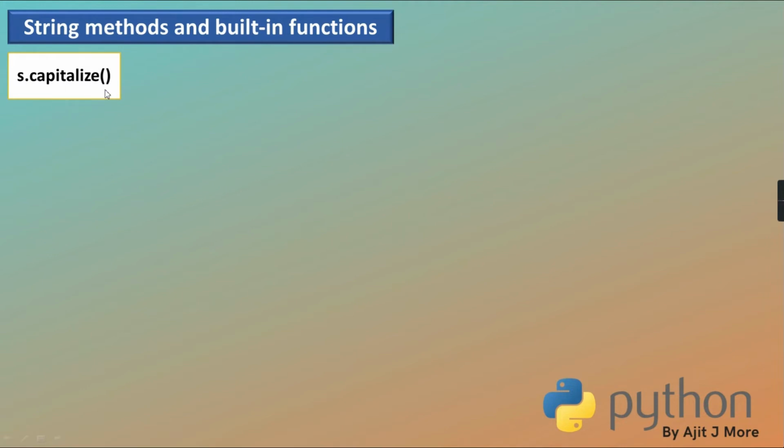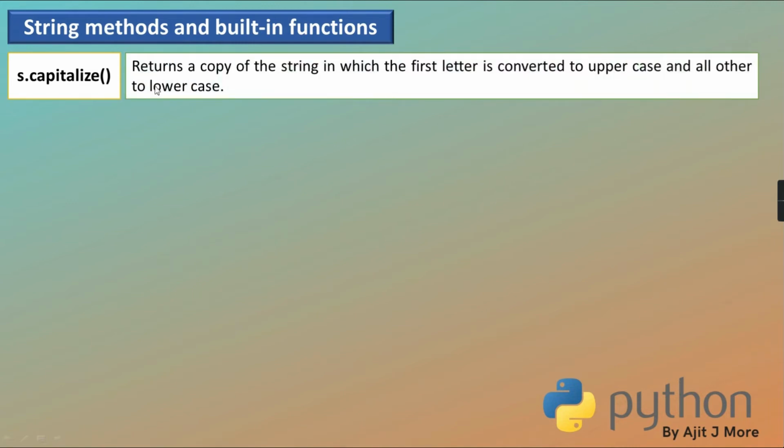First is capitalize. What it will do is convert the first character of the string to uppercase and the entire rest of the string into lowercase. So the first character is just converted into upper and all the other characters are converted into lower. Here I have also clarified: it returns a copy of the string, not the original string modified.